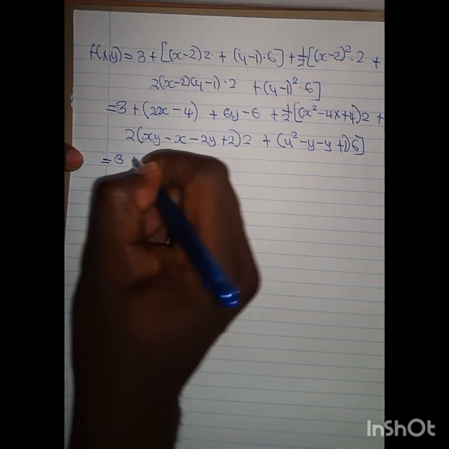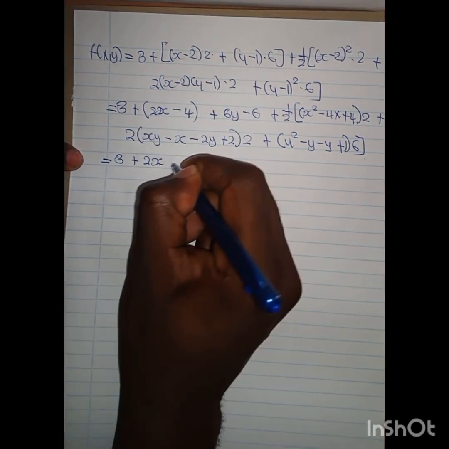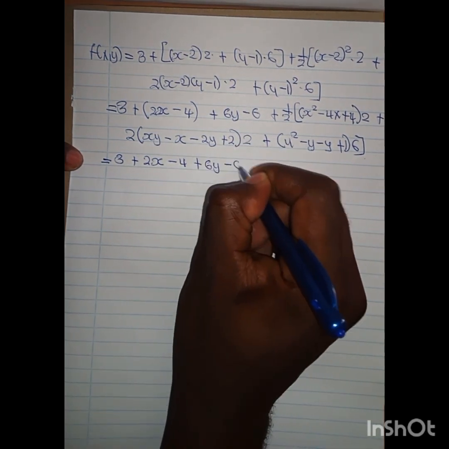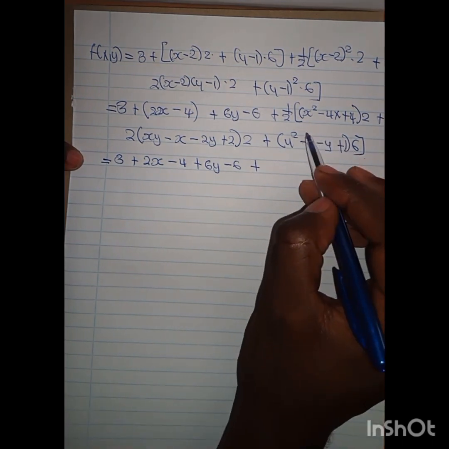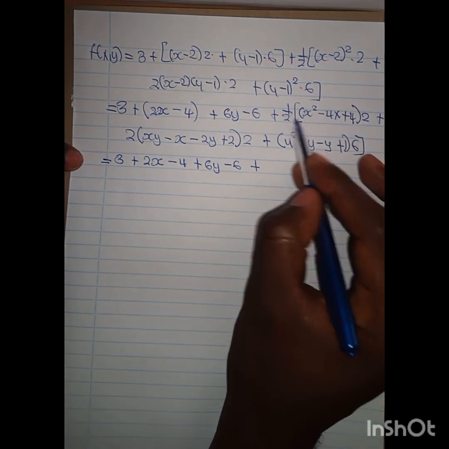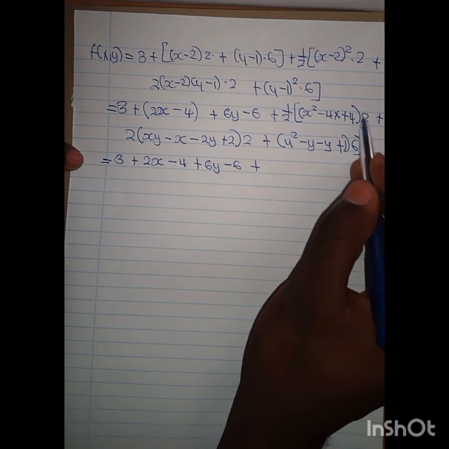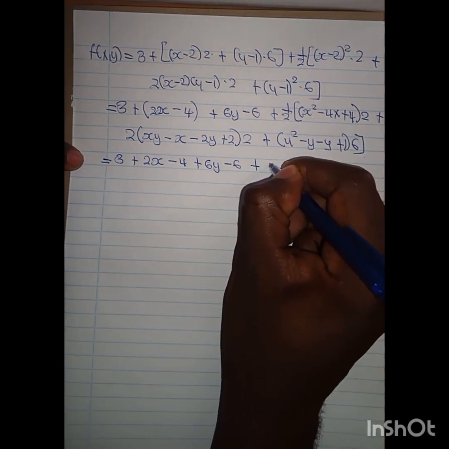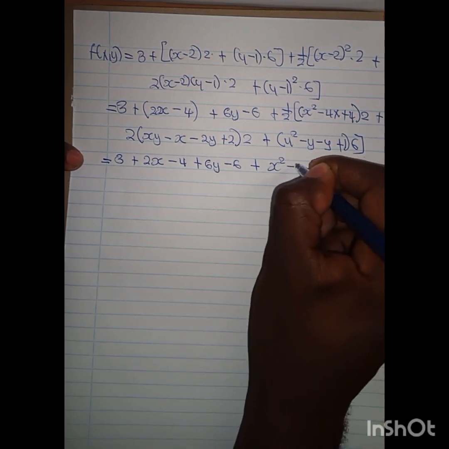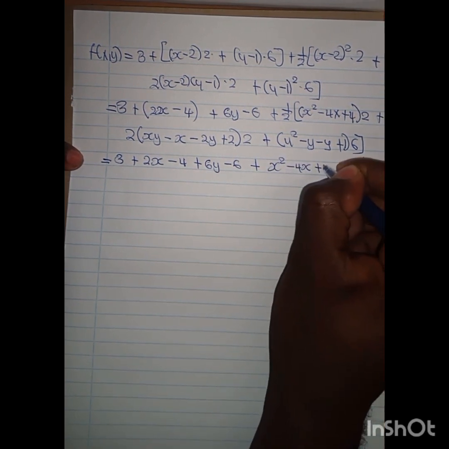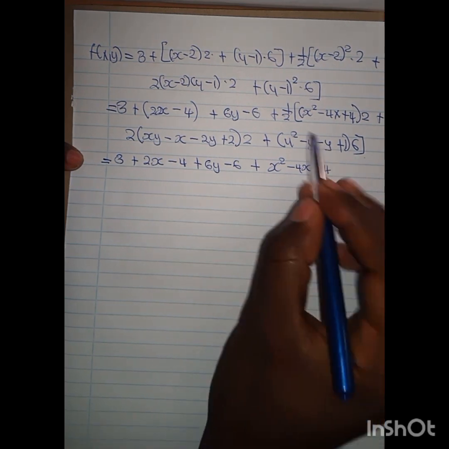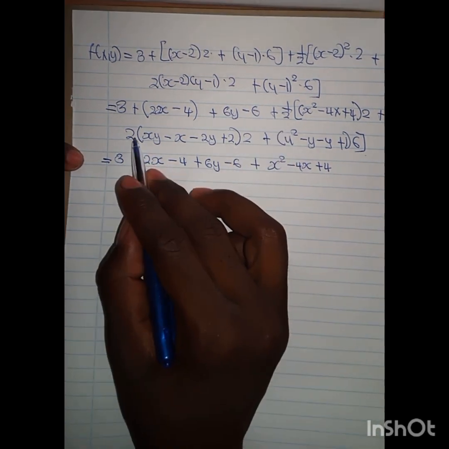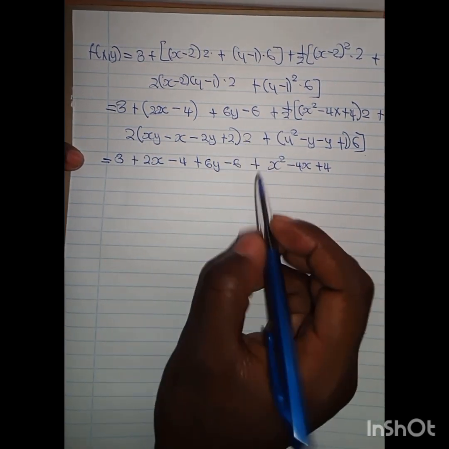We have 3 plus 2x minus 4 plus 6y minus 6 plus, now let us put this half inside the bracket, then this 2 will cancel 2 for this expression, then we will have the following: x squared minus 4x plus 4, and then we multiply this half inside the bracket again, then this 2 will cancel the following 2, and then we'll be left with only 1.